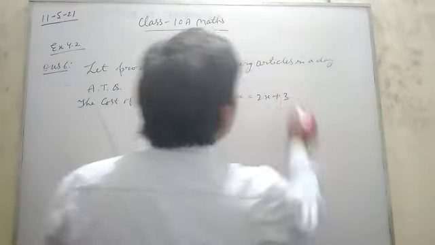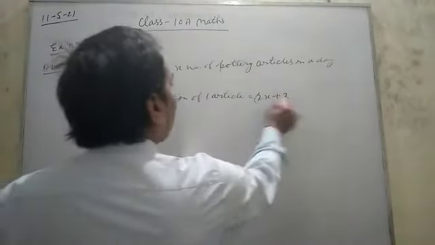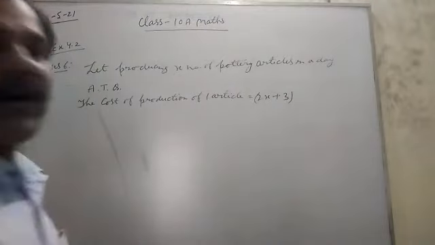So number of articles is x. So 3 more than twice the number of articles: 2x plus 3. This is the cost of one article.